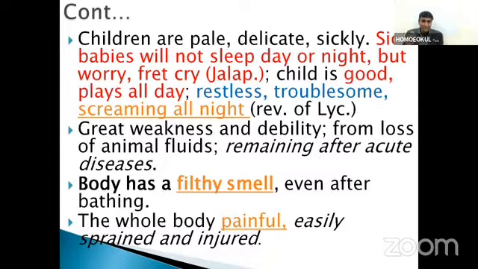Now open chapter Lac can from Allen's Keynote. Child, cross, irritable. Got the line? Okay, in bracket you get three medicines: Jalapa, Nux, and Psorinum.